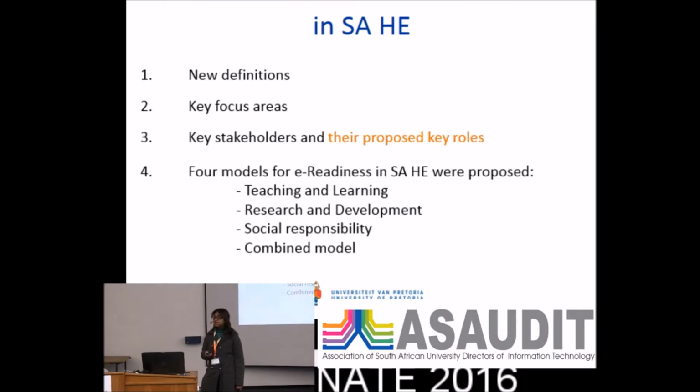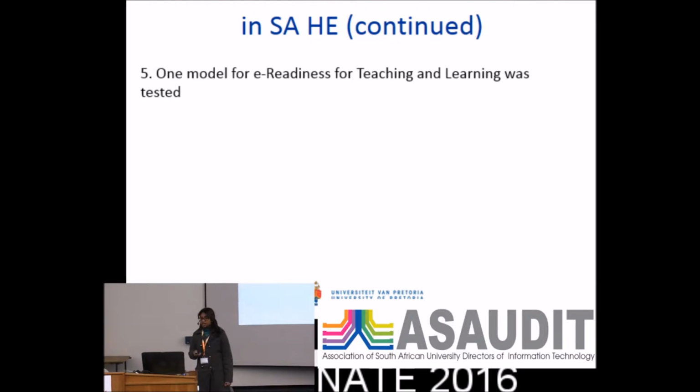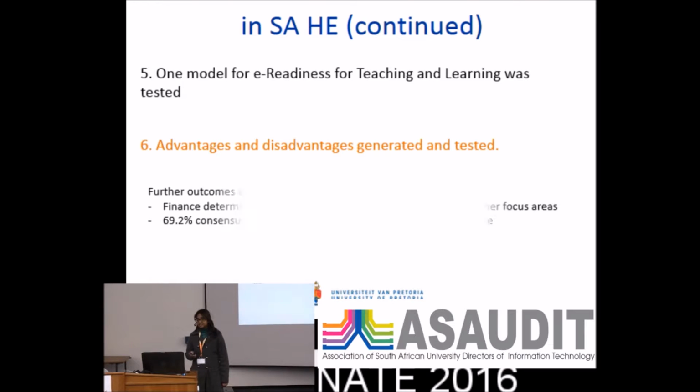So there should be other models for research and development, social responsibility, and a combined model of all 3 to conceptualize the entirety of e-readiness in South African higher education. And in addition, 1 model for e-readiness in teaching and learning was tested. Advantages and disadvantages of running e-readiness studies at universities were generated and tested.